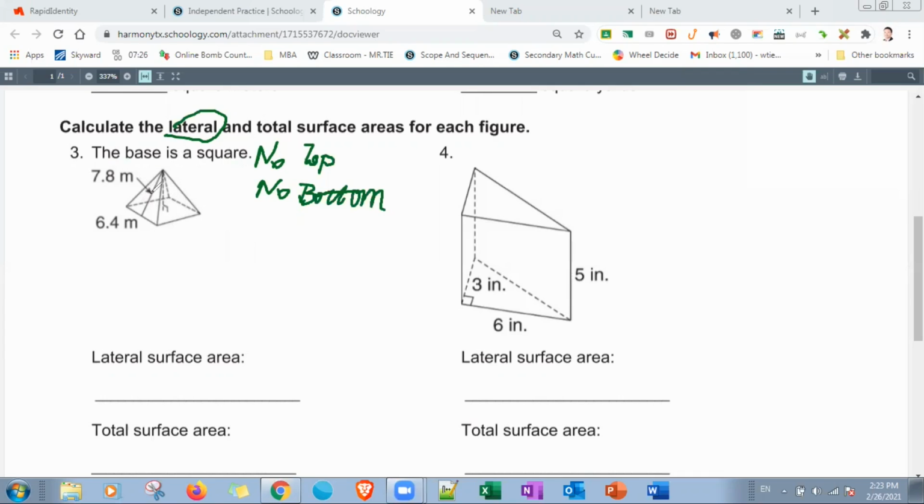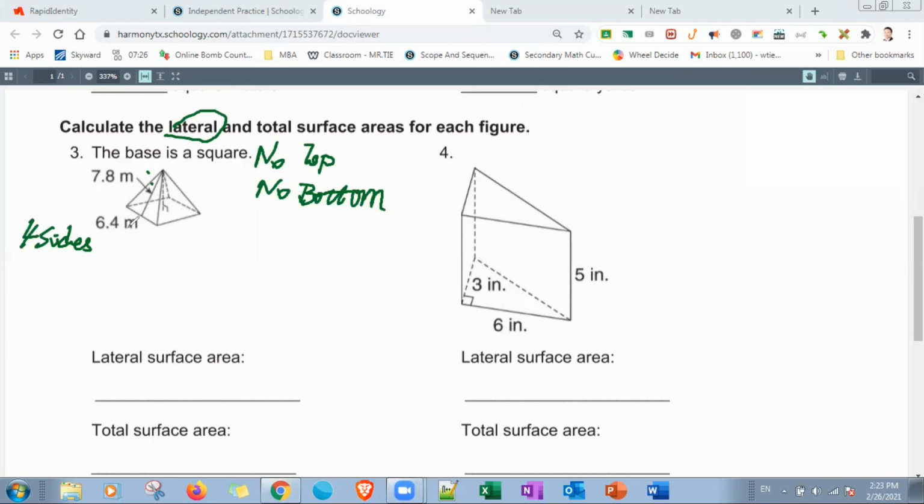The square has one side, two sides, three sides, and the other side, so there are 4 sides. And since this is a square pyramid, every single side should be exactly the same. If I can find one side, multiply by 4, I will get all of them.